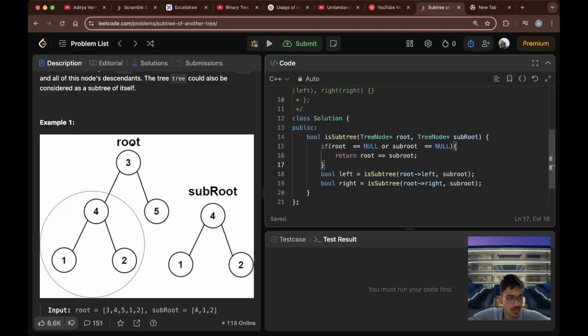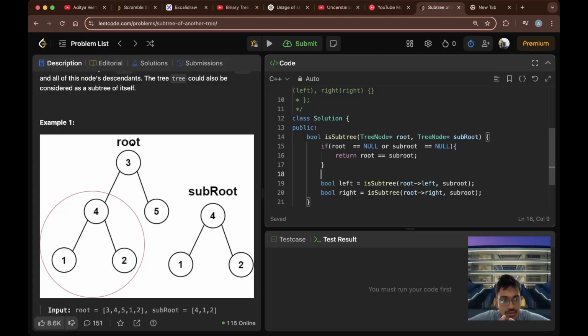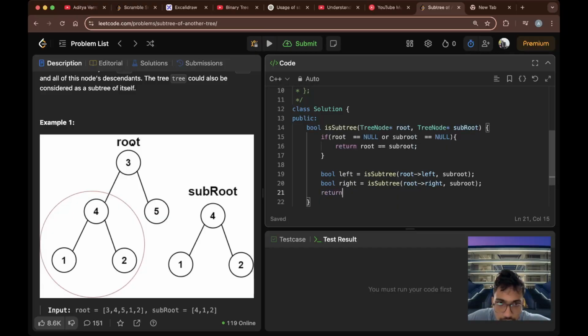And if we have found the root, then we have to find its left and right. So we are going to call the isIdentical function, like we have already solved previously. Like we have found the root, now I have to see whether it is identical or not. Pretty simple. So at last we have to return left might be true or right might be true. Any of them is true, we give true.